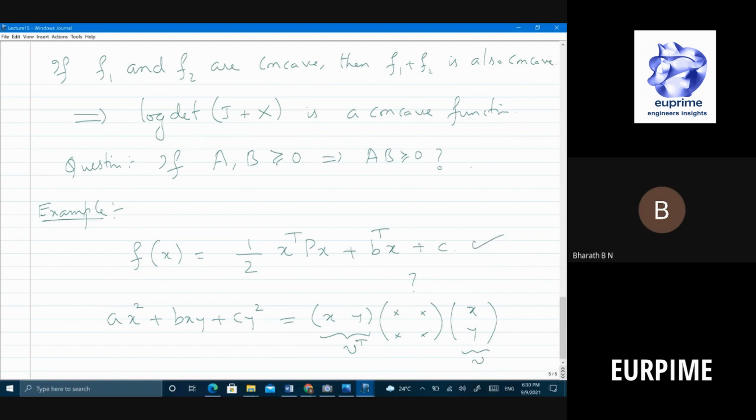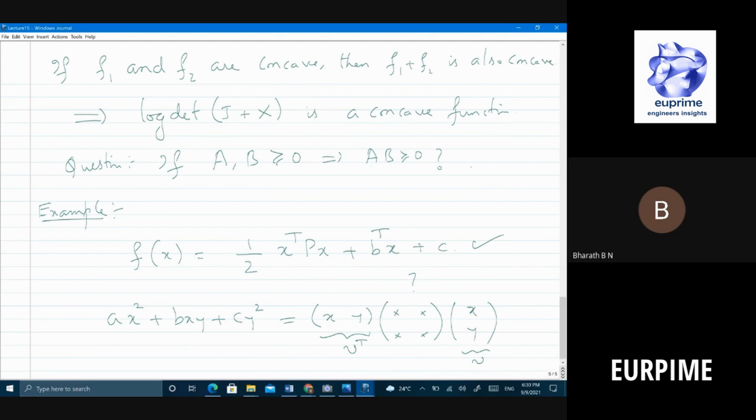In general, if I write x transpose Px or x transpose Ax, it's quadratic. Now we have a quadratic function. So is this convex? Obviously not, right? Quadratic in general could be like this also, right? Can it be like this? Any idea? How do you show that this is convex?